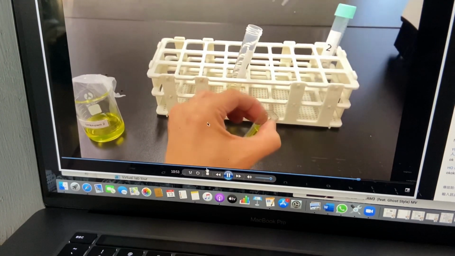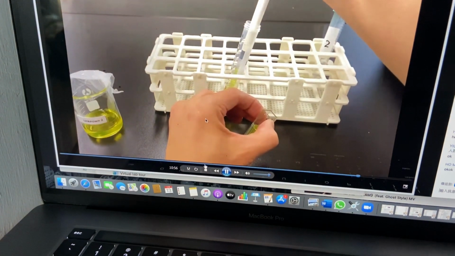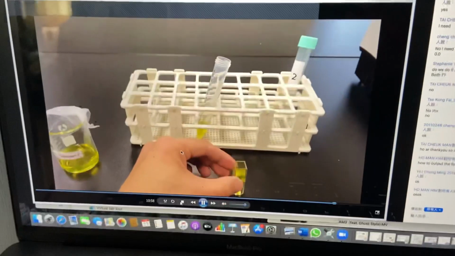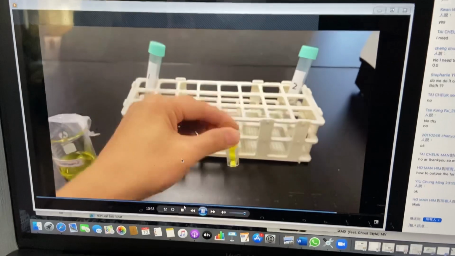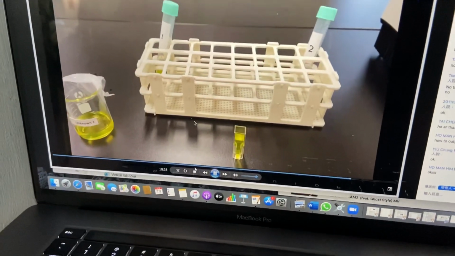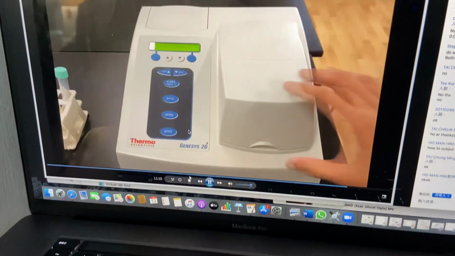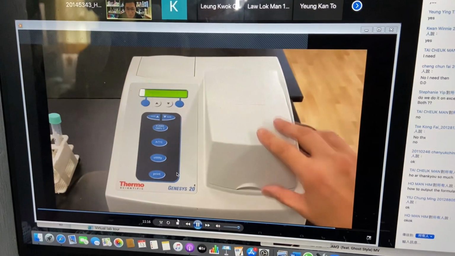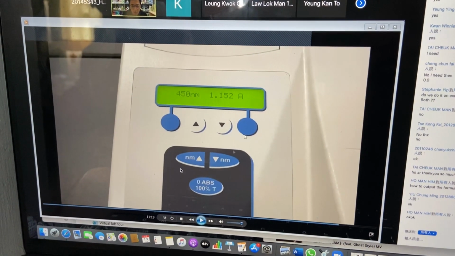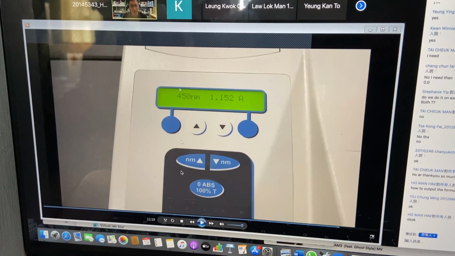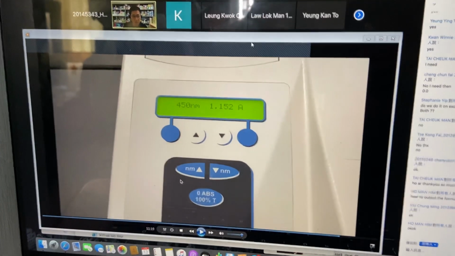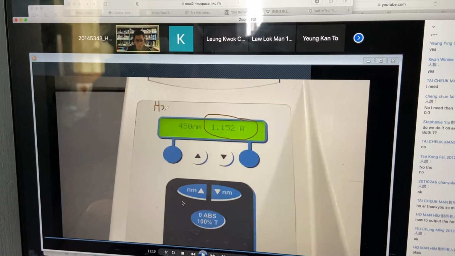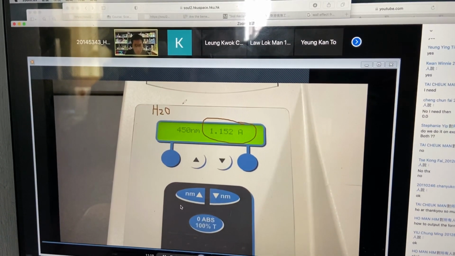Okay, so this is the figure. Okay, the figure. Okay, so H2O, I add.